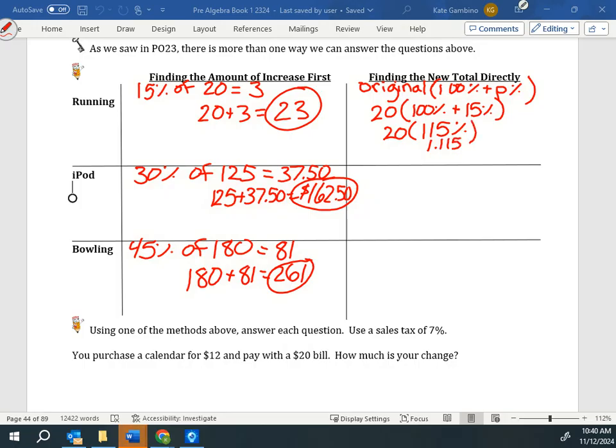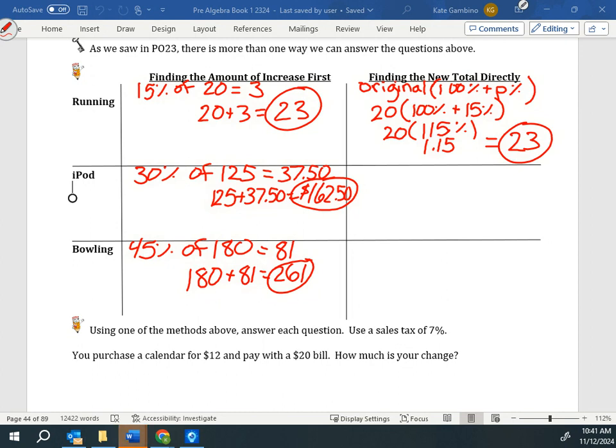Right, so we would do 20 times 1.15. What does that equal? Claire? 23. We get the same answer. We're doing math slightly different, but we come to the same answer.